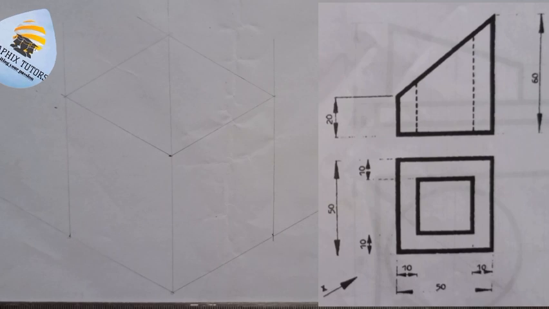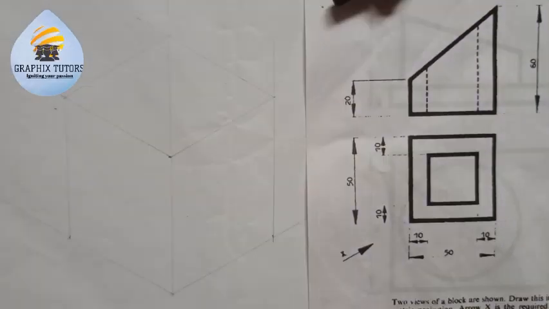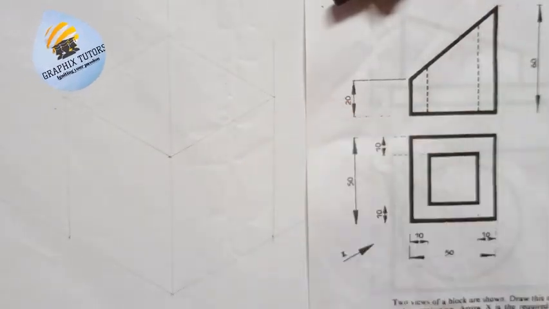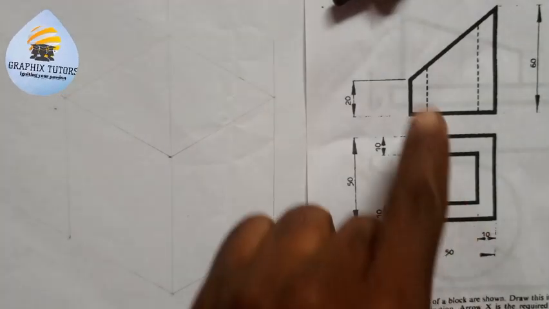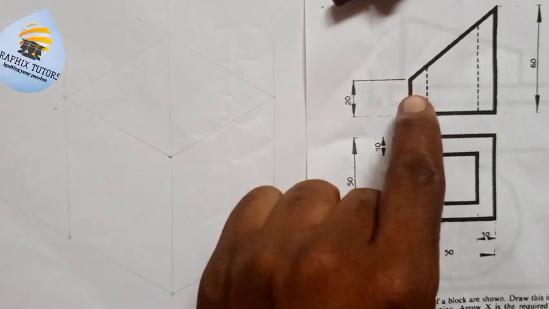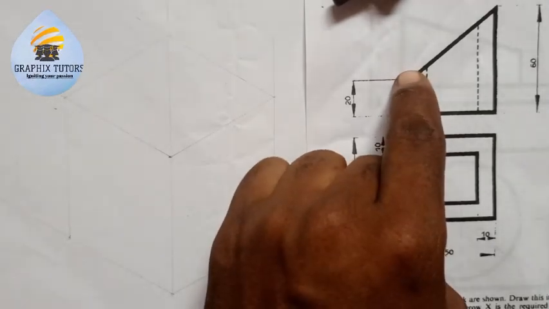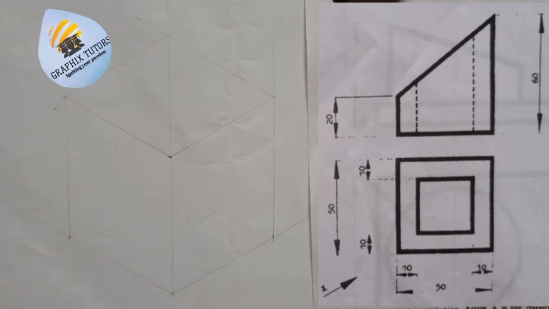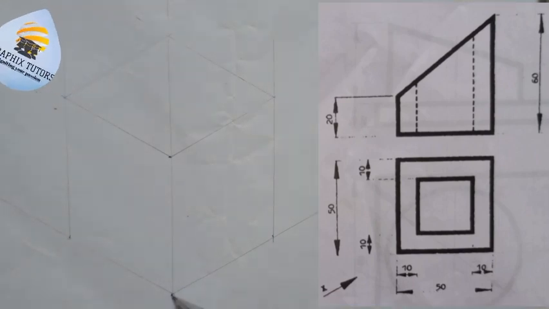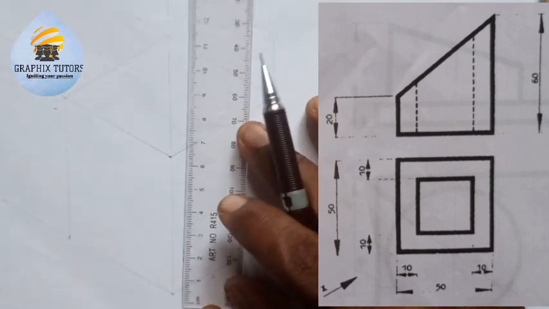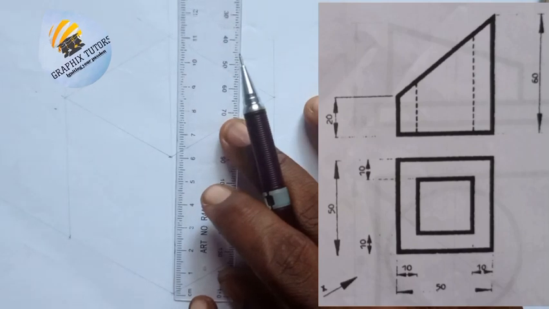Now look at this figure very well. We know that the height from here to here is 60, and from here to here is 50, so the difference is 20. So this point you are seeing here to here is 20. So I'm going to measure that 20. Measuring the 20, I'll be having this.